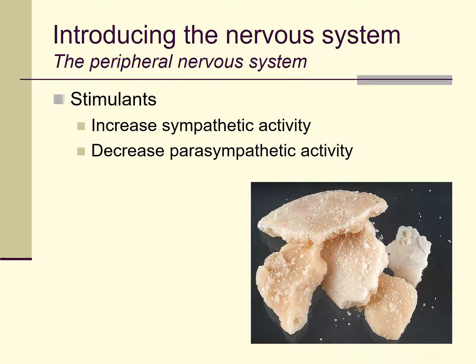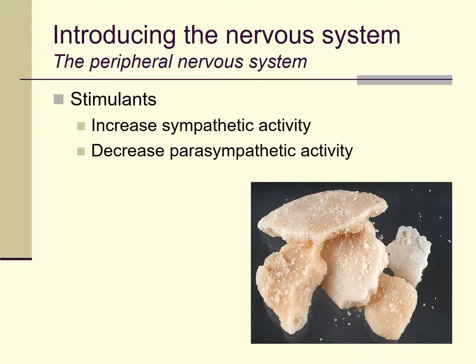In contrast, drugs which tilt the balance towards the sympathetic branch, increasing activity of the sympathetic branch and decreasing activity of the parasympathetic branch, are drugs which we classify as stimulants. So caffeine, cocaine, amphetamines in their various forms, these are all drugs which, among their other effects in the central nervous system, out in the periphery will tend to have that characteristic sympathetic response.